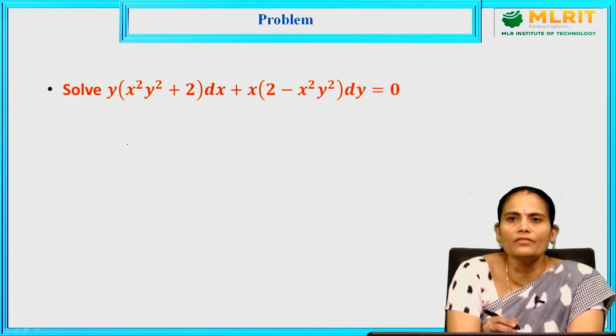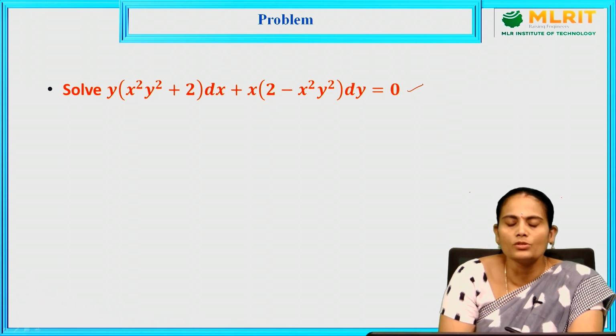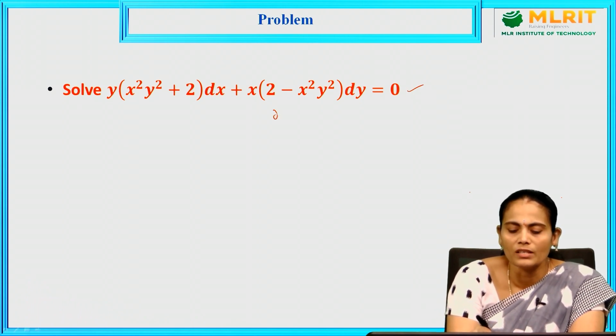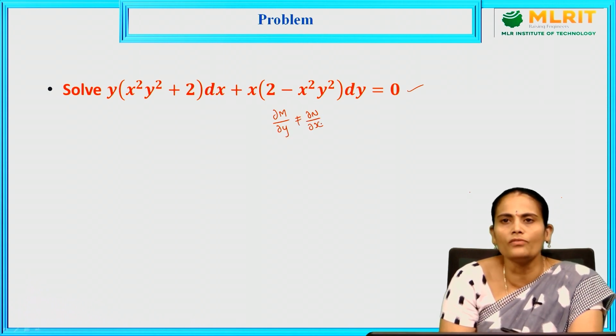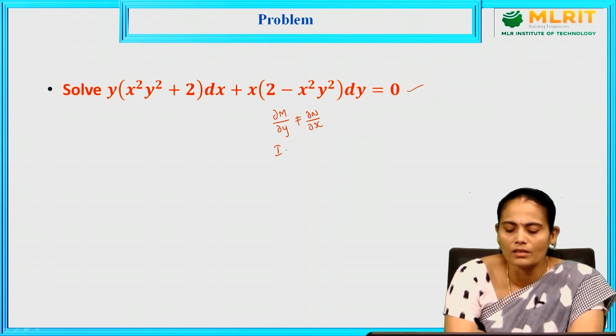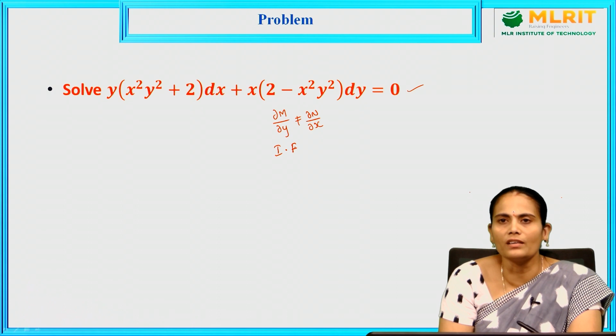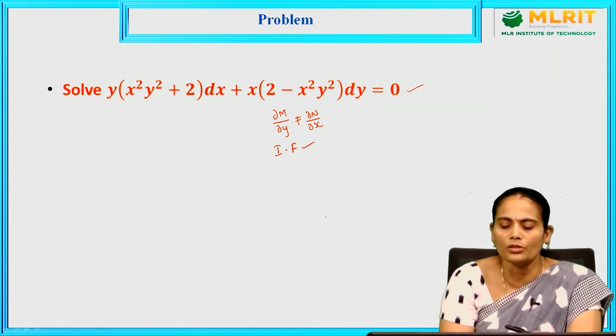So, how can we find the general solution of this differential equation? First, you have to verify the given differential equation is non-exact. This is the condition of a non-exact differential equation. Then find the integrating factor. After finding the integrating factor, you multiply it with the given differential equation.